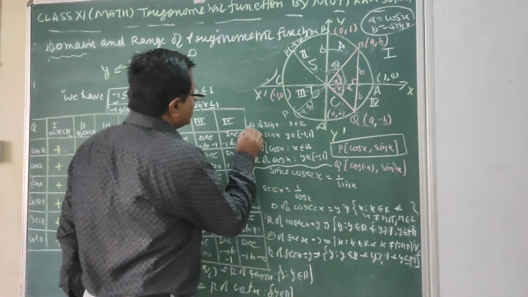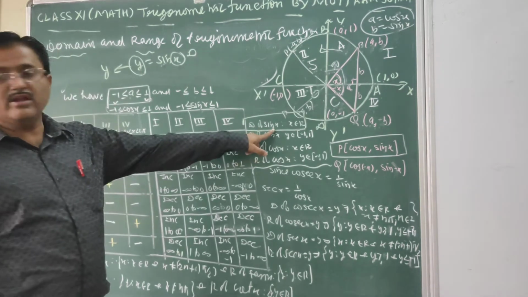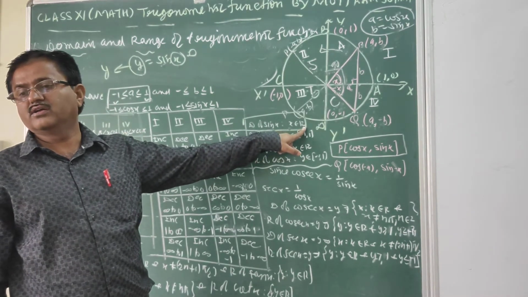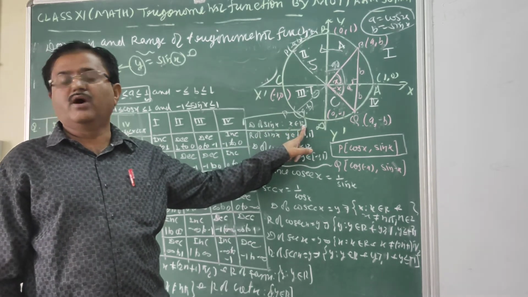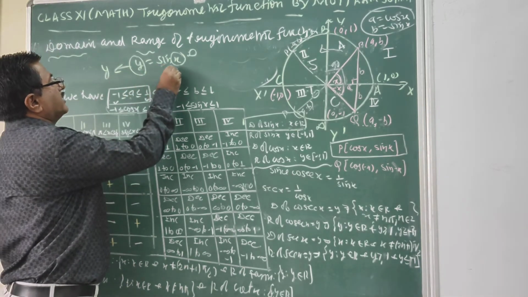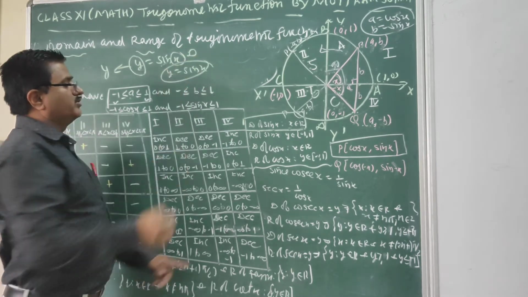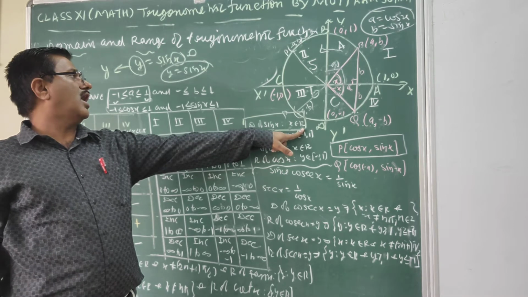So you can say domain of sin x: x belongs to all real numbers. So what is the domain of the sine function? All real numbers. Clear? Now range means the value of y. So what is the value of sin x if you put any real number, x belongs to R?